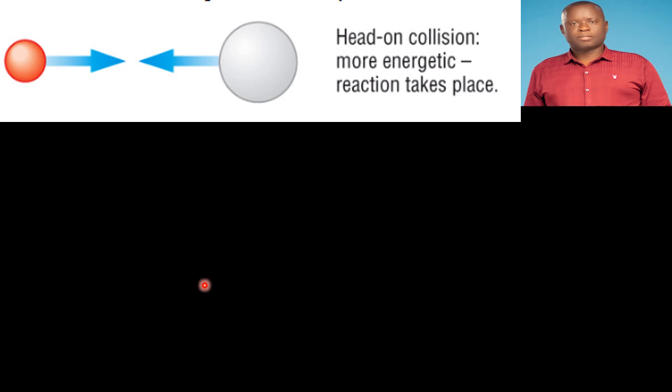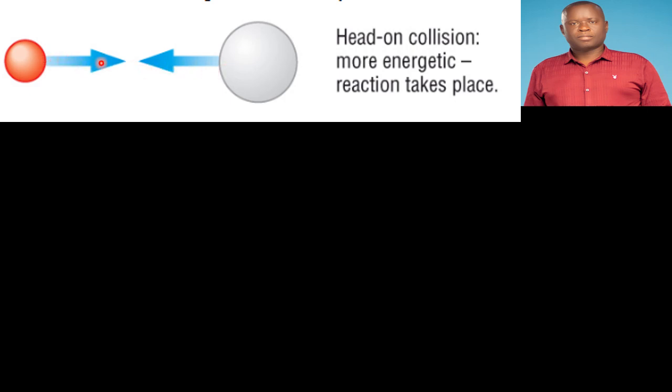Great. The explanation regarding the collision theory can be illustrated using these diagrams. Particles must collide successfully. For example, we have these 2 reactants, and you see that they are moving towards each other.